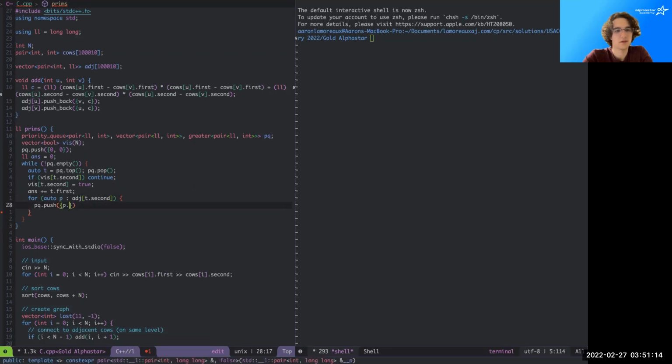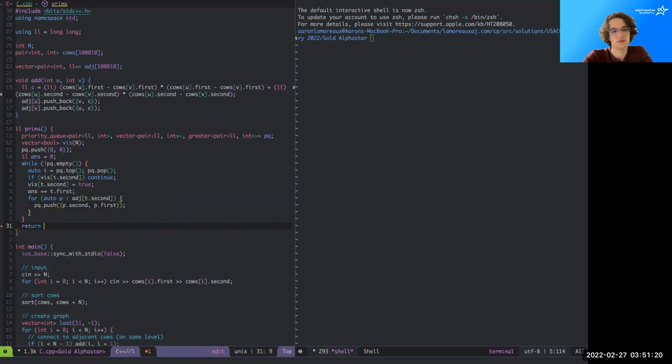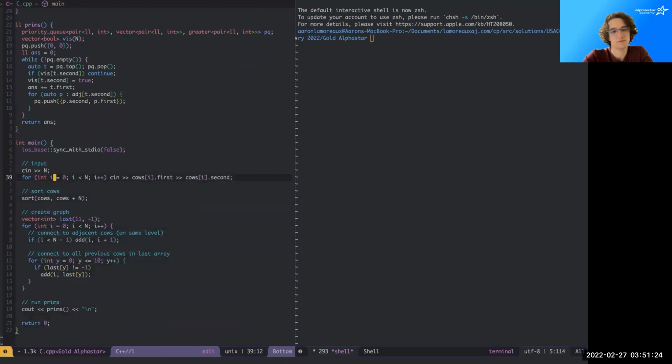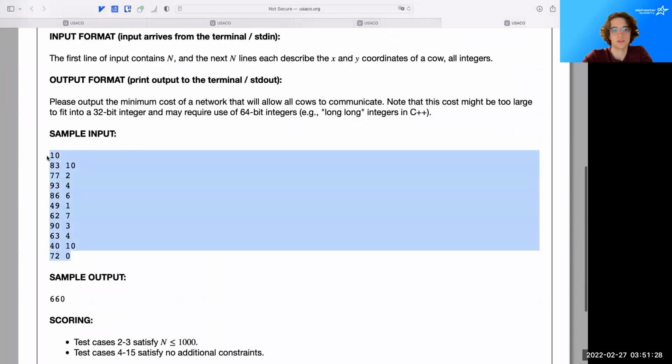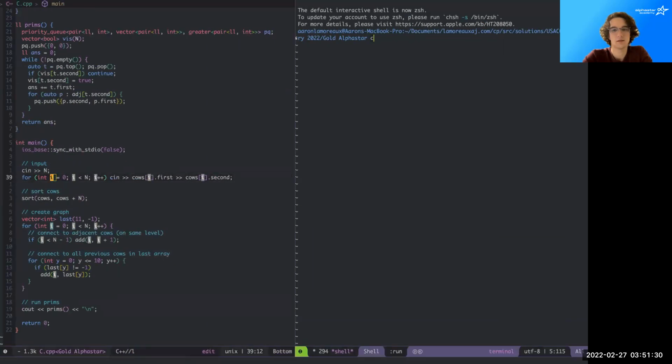Okay, so here it will be p dot second, p dot first. Make sure the files are right, and we can run it.